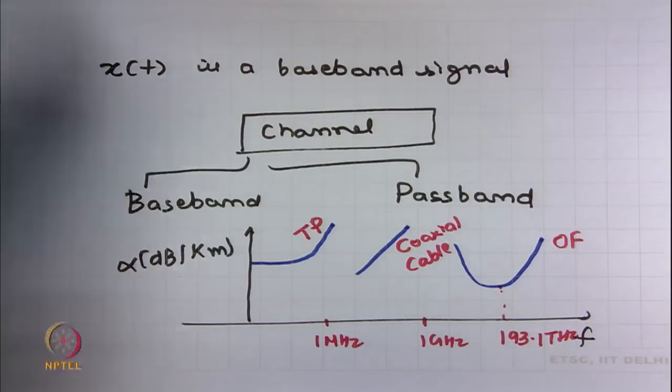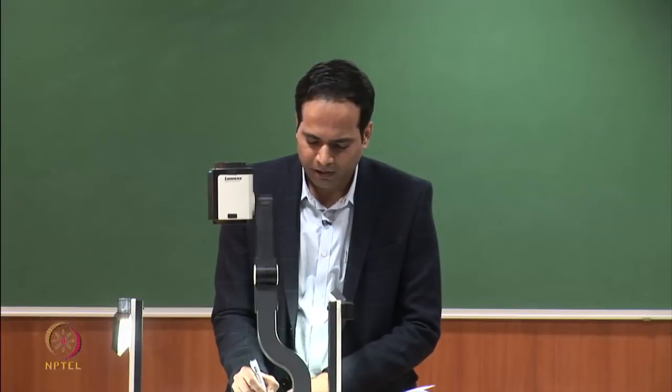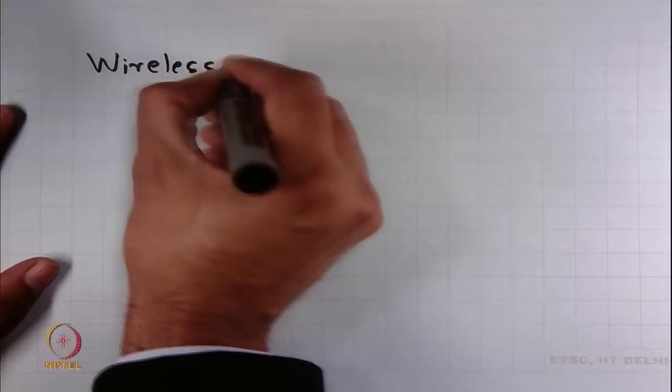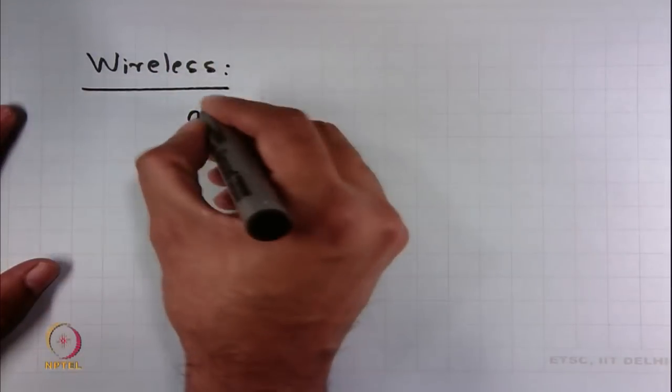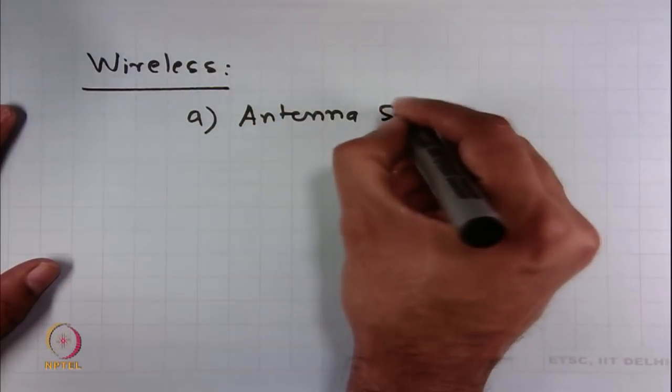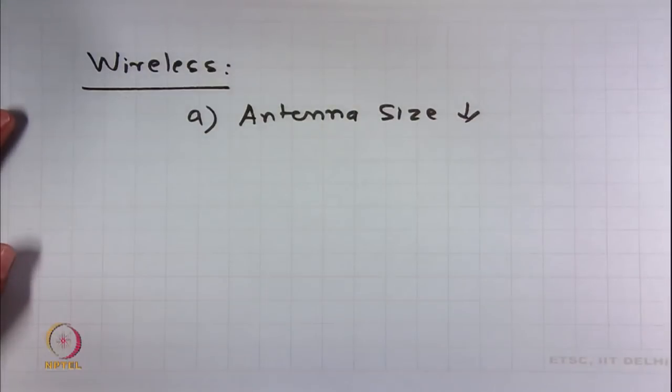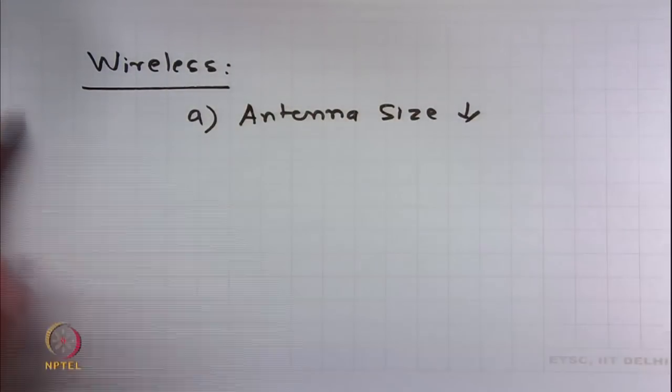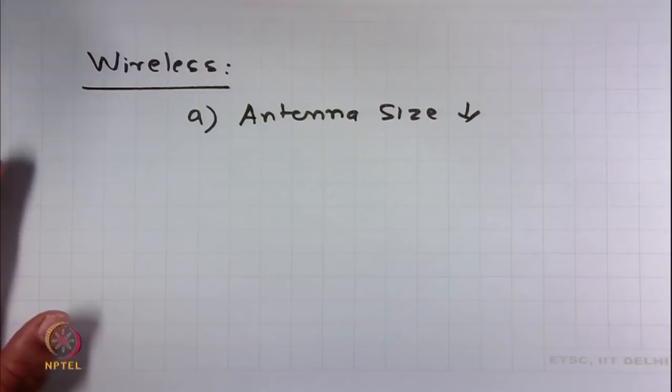On the other hand, wireless communication is purely passband, and we have seen several reasons for that. We have seen that antenna size is reduced if you use higher frequencies, and we want to have communication receivers with small antennas.